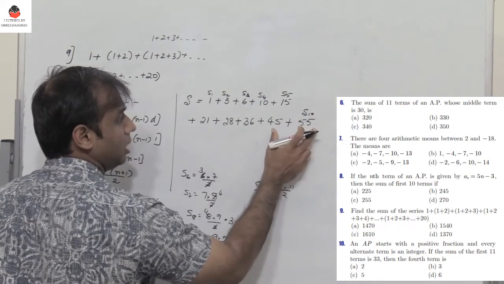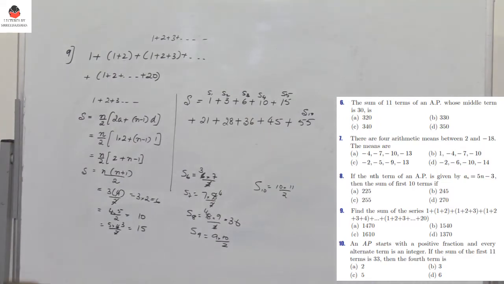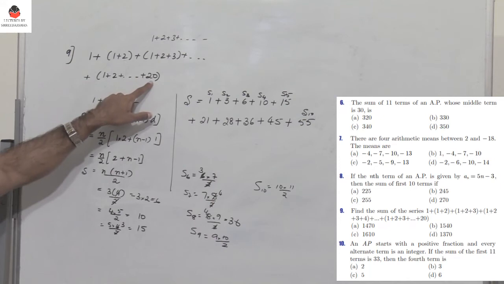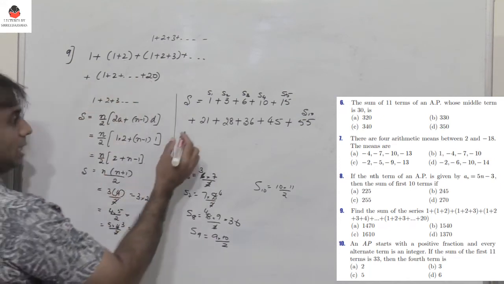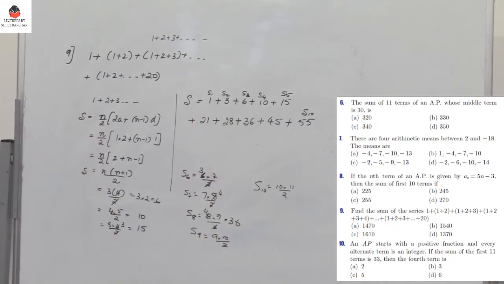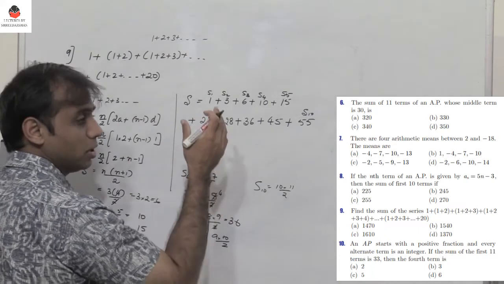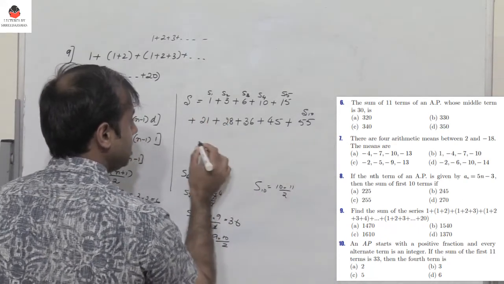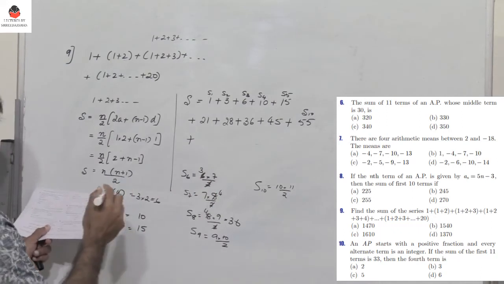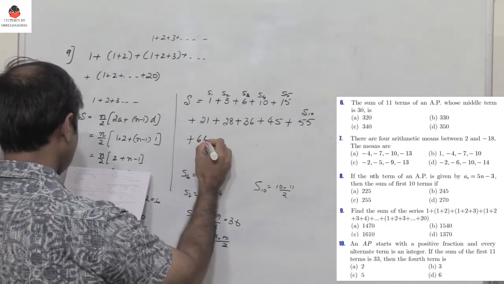So here I've calculated up to S10. But here you have numbers given up to 20, isn't it? So I need to calculate similarly S11, 12, 13, 14 up to S20. So make sure that you do the calculation. I'll write the sum of those numbers directly. So S10 I've already calculated, so we have up to 55. S11 is 66.